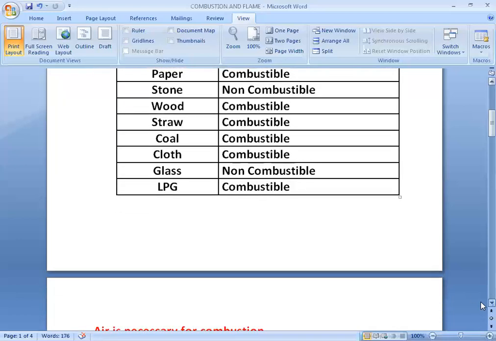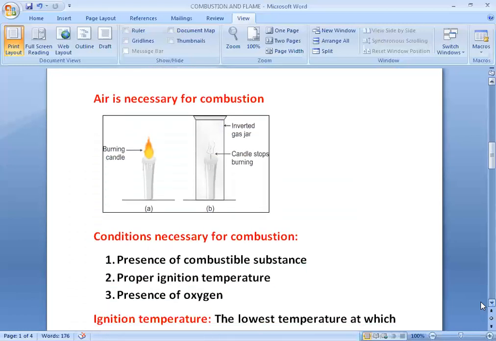The next topic is that air is necessary for combustion. How can you say that air is necessary for combustion? We have studied that combustion is a process in which a substance reacts with oxygen. Reacts with oxygen means burning is taking place. Which gas supports combustion? Oxygen gas. How can you prove that?